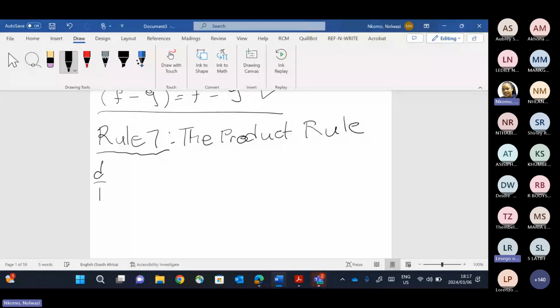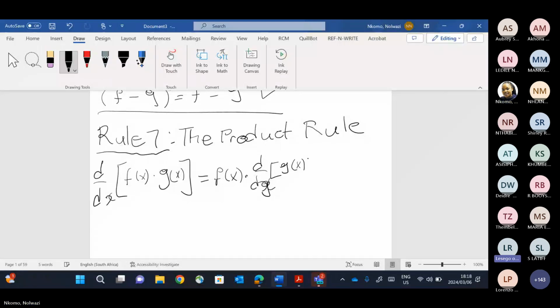Then the derivative of the product will equal, first, you keep the first function and multiply it with the derivative of the second function, meaning the derivative of g at x. Plus, you keep the second function, then you multiply that second function with the derivative of the first function.